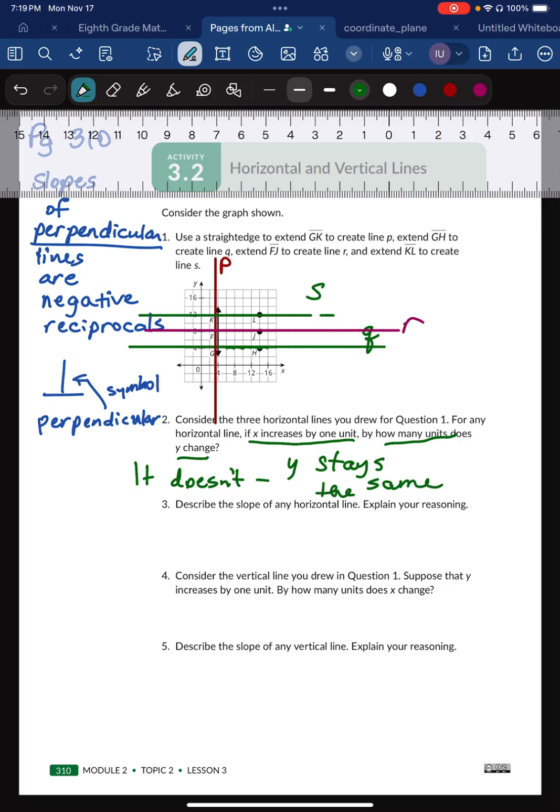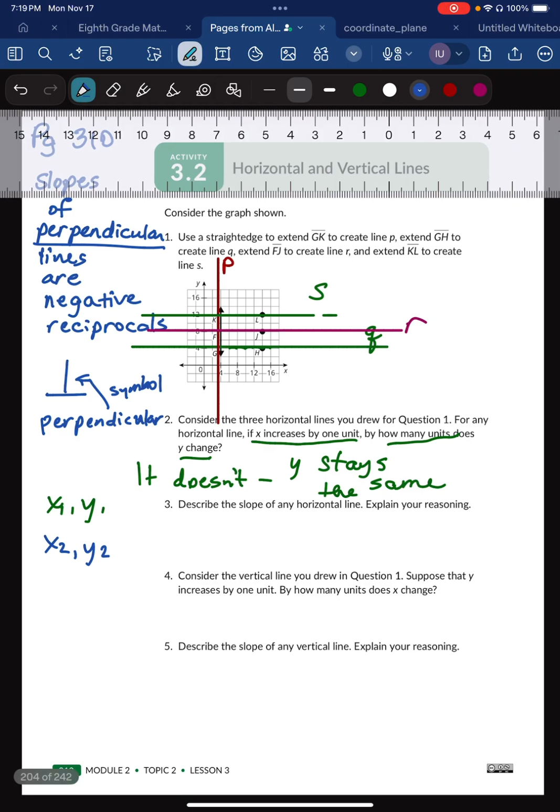Okay, so now, sorry for the messiness. Describe the slope of any horizontal line. Explain your reasoning. Do you remember, we're not doing rise over run, we're not doing anything like that. Let's just name some points. x1, y1, x2, y2. Let's say we have 4, 4, and then 5, 4.